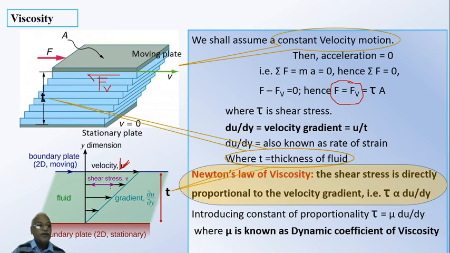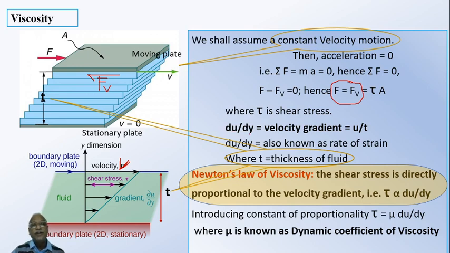But if you take a very elemental strip and thickness y, because in this direction it is y, the gradient or the rate of change will be equal to dou u by dou y in thickness t.